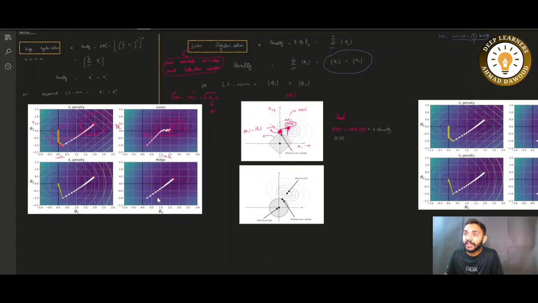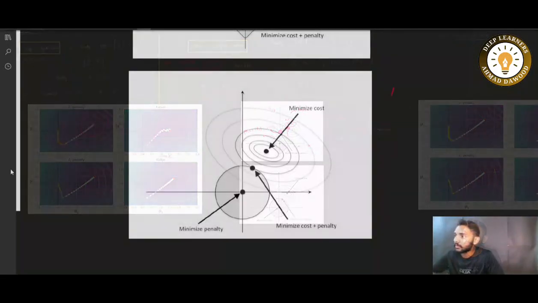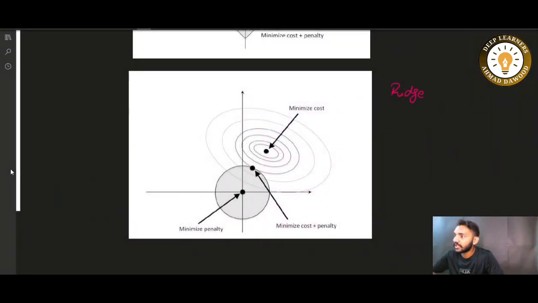Now we will explore what ridge regularization is. In the case of ridge regularization, we add an L2 squared penalty to our cost function.